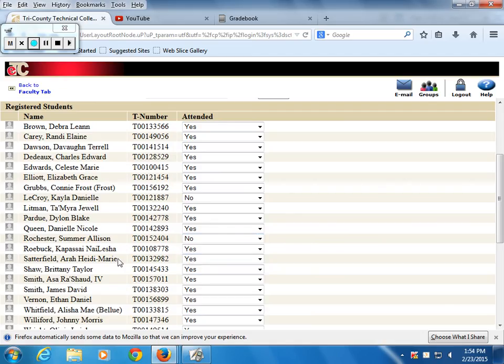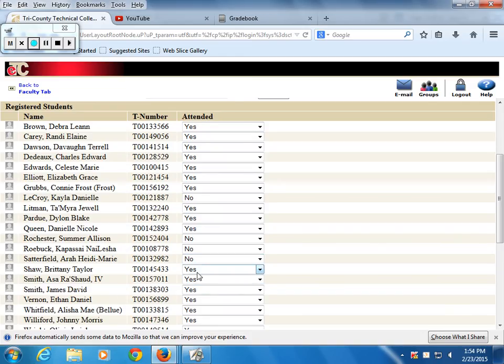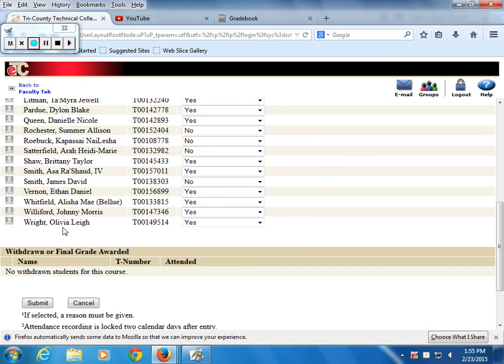Roebuck, not here. Satterfield, not here. Shaw, Smith, both my Smiths, no, one of my Smiths is here. Asa's here, correct? Vernon, Whitfield, no Whitfield. Wright, okay.